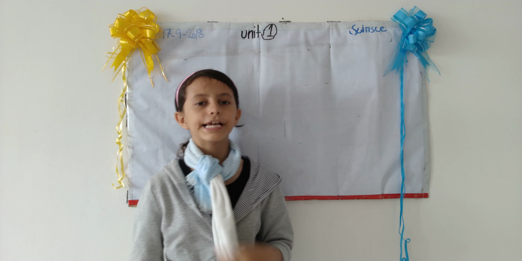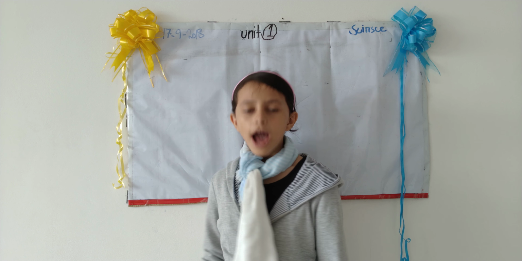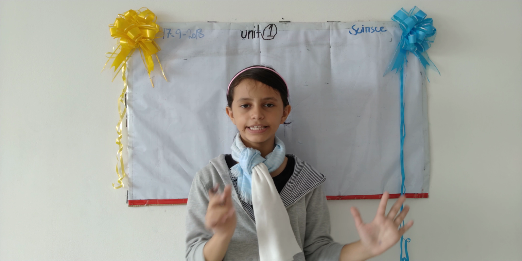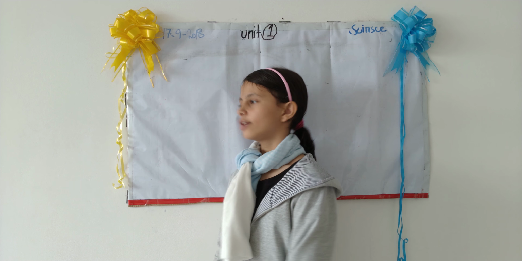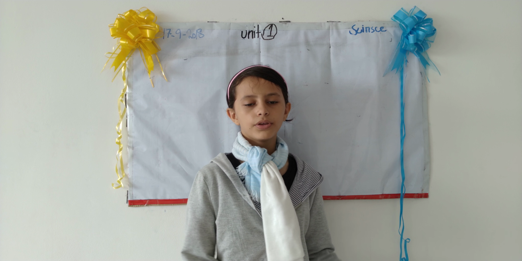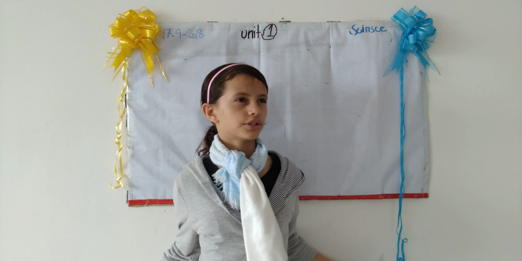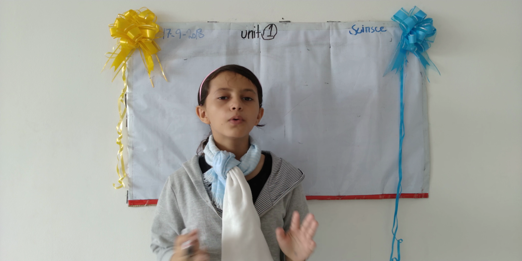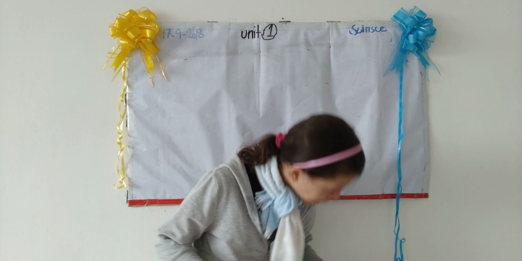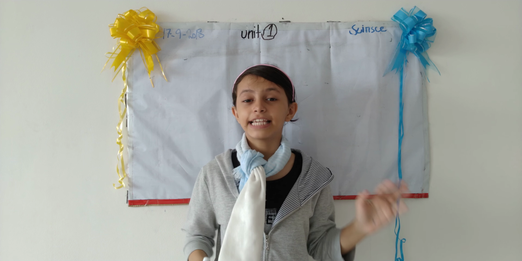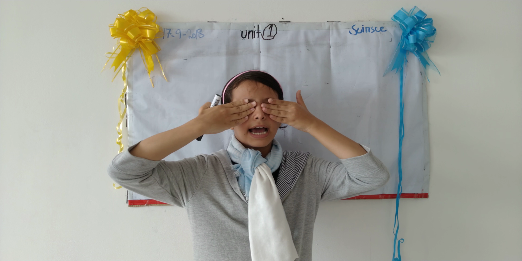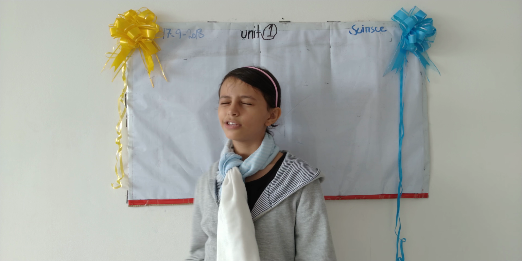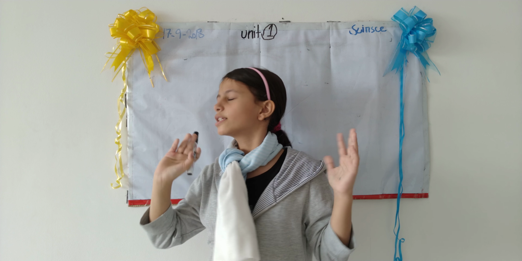For example, when you are in the dark, our eyes can't see things without using a light source. When you are in a dark room, there is no light. You can't see anything, literally. Or when you close your eyes, you can't see anything because everything is dark.